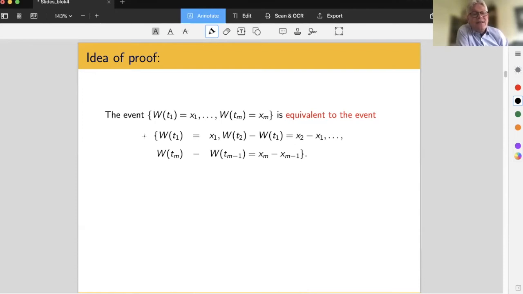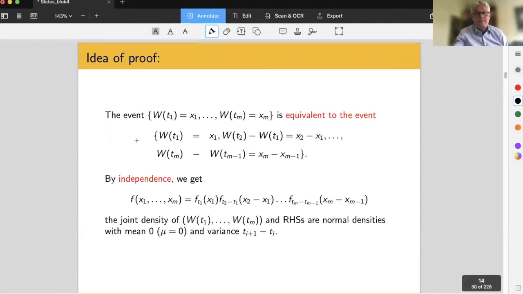However, this second set is better manageable for us because these are increments, and for these increments we know a lot. The advantage of this second expression is that we know the distribution and they are all independent. So because of the independence of these increments, we get the joint density function as the product of these densities.